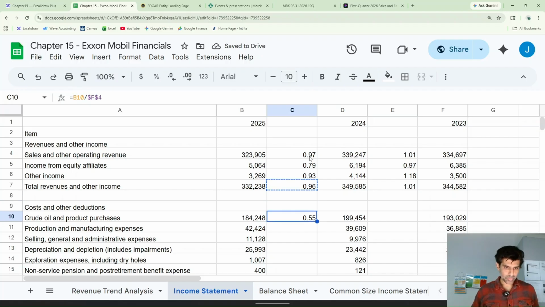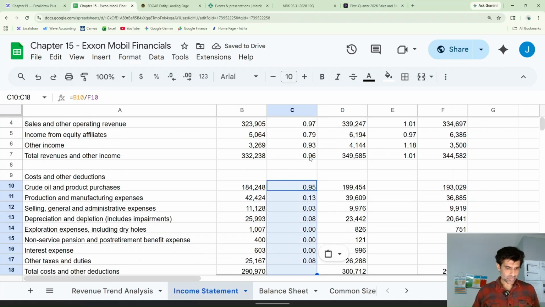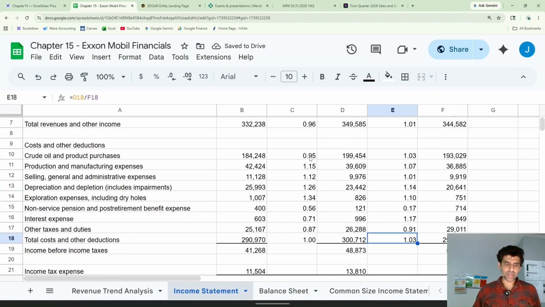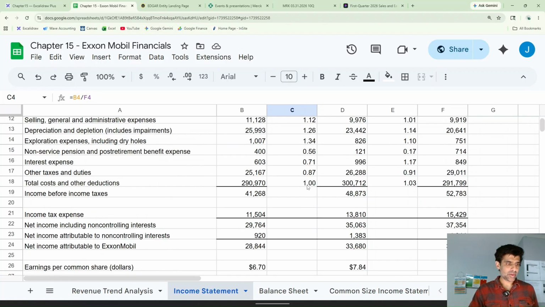Okay, you can see here that our revenue did go down, but our total costs are unchanged.